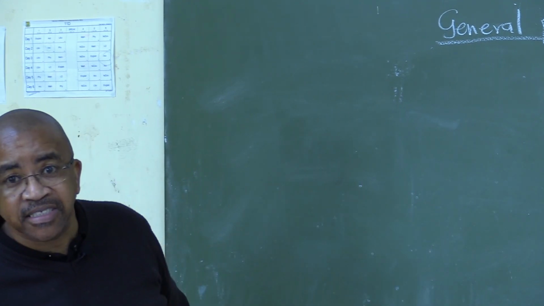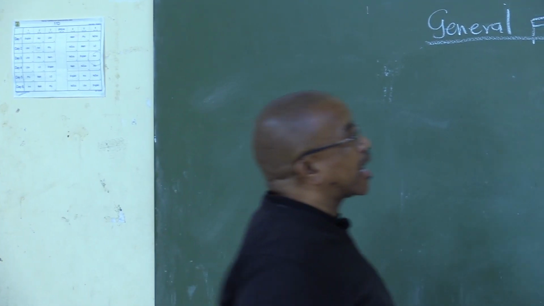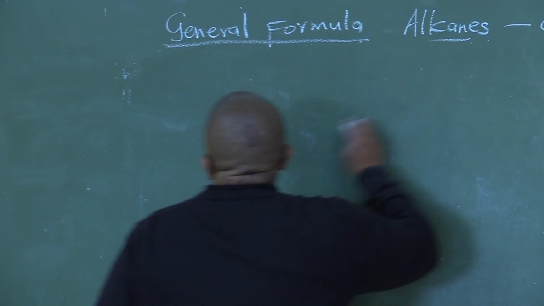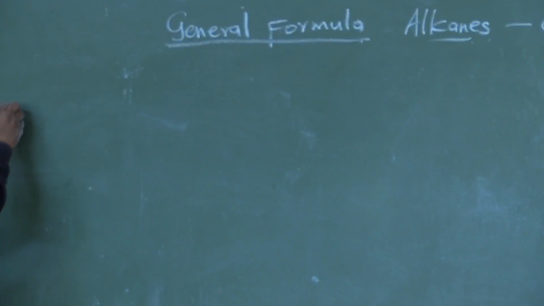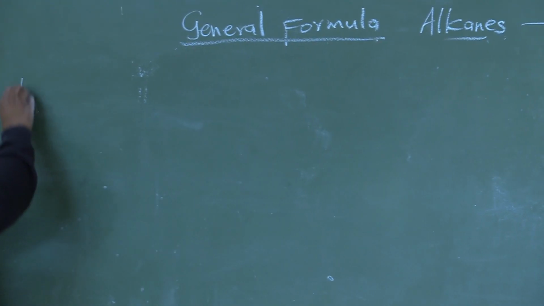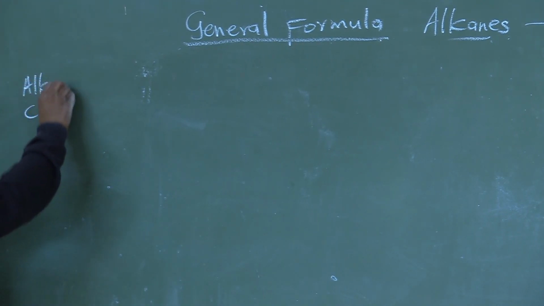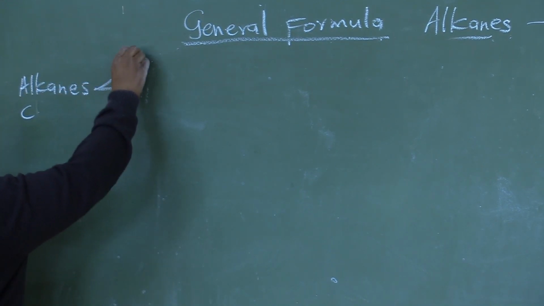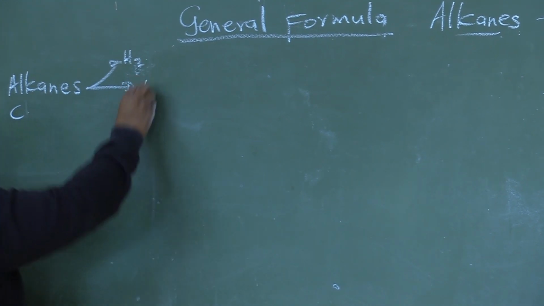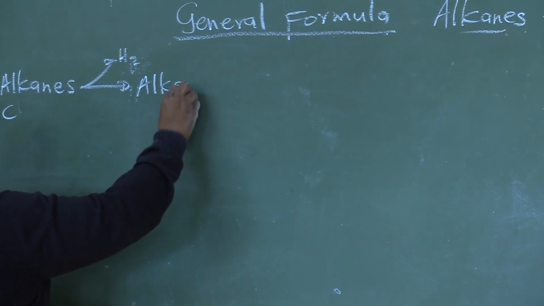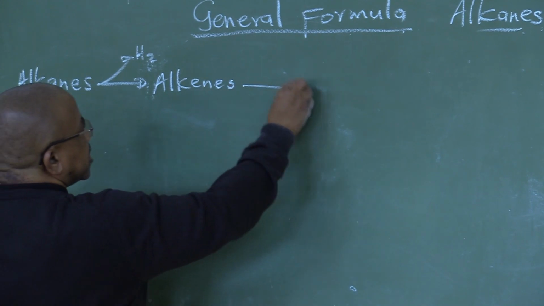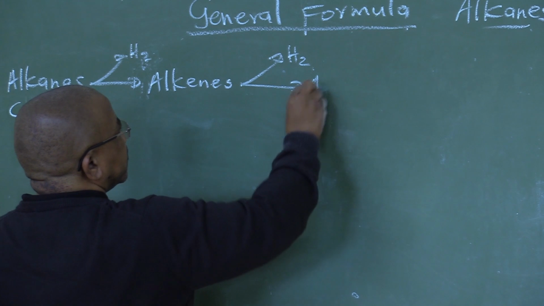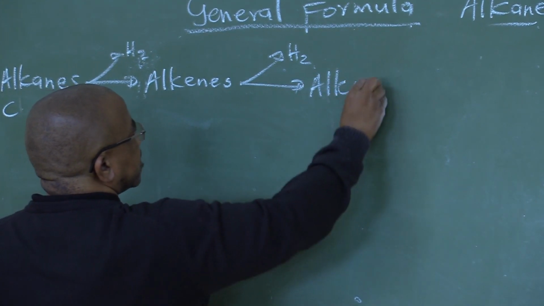You can still add kuma alkenes and alkynes. Now, so we have the general formula of alkanes. Alkanes keep OH2, you form alkenes. Alkenes keep OH2, you form alkynes.